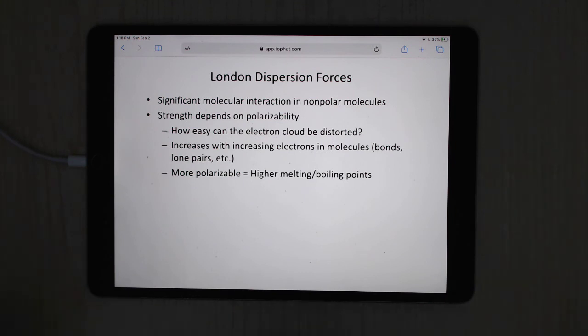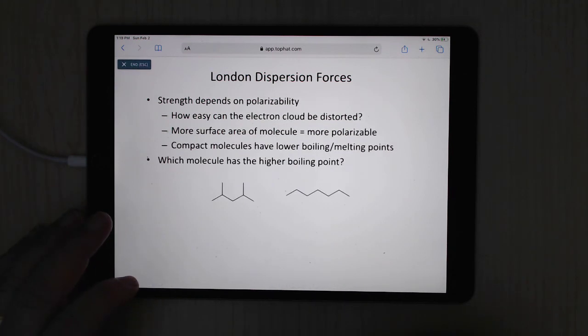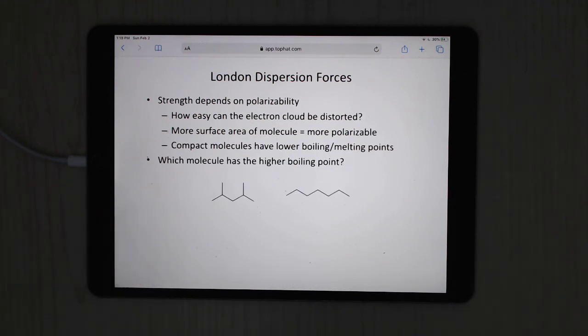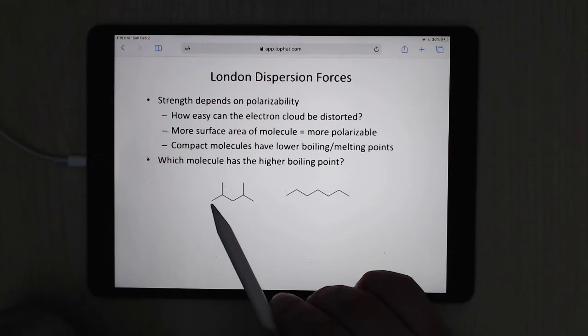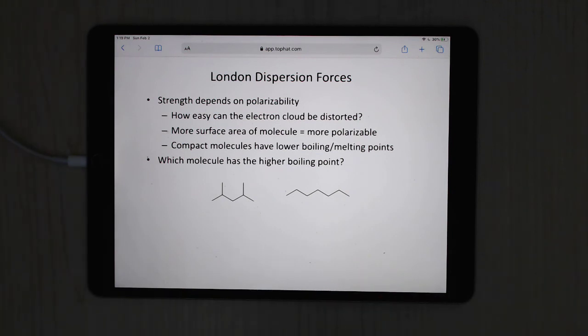Because there are more interactions, and it increases with the number of electrons in the molecules, the bonds, lone pairs, or whatever. But also how compact it is. The more stretched out something is, the higher the boiling point.